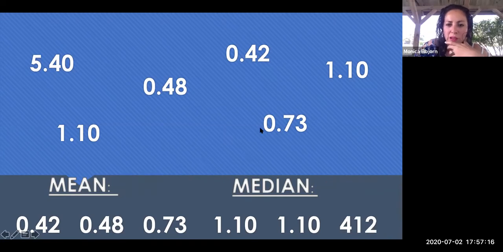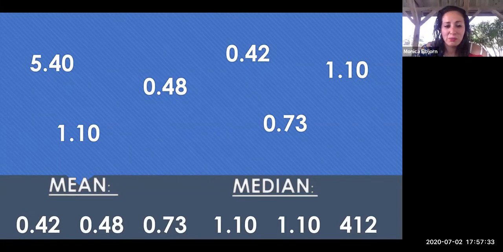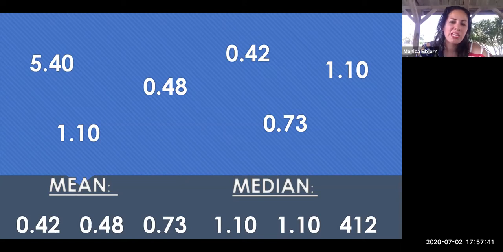Not really, but what about if instead of the 5.40, we got 4.12? What will it do to the mean? Will it change the mean? Probably yes, because you're taking in consideration that big number. Very good, Ramaya. So if we throw in that big number, will the median change?